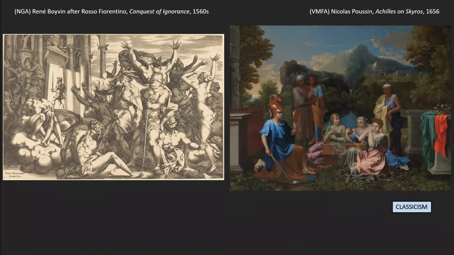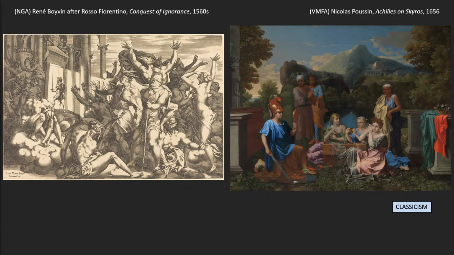There's a tendency in art for artists to react against their fathers by shifting away from what they were doing towards something entirely different. And Poussin's classicism can be seen as a reaction against Mannerism, in the same way that Mannerism is a reaction against the classicism of the Renaissance.